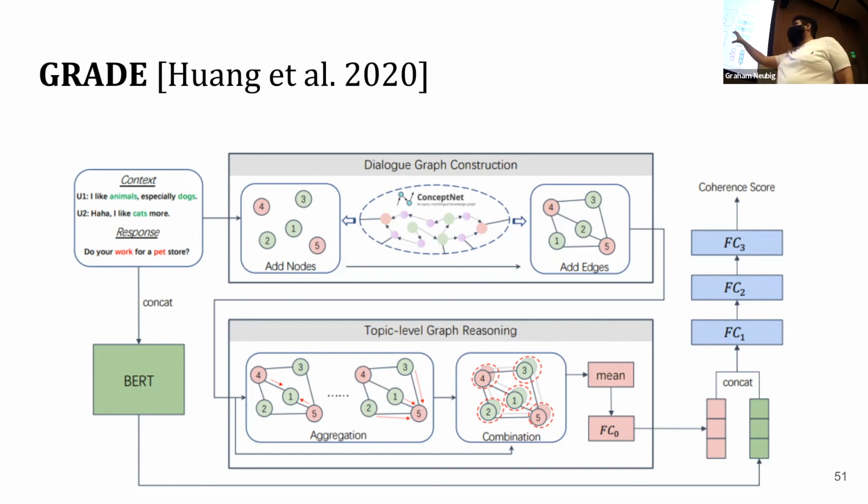Then that graph goes through some network, I think it was a graph attention network. At the end, you get a vector representation from BERT and a vector representation from the graph, concatenate them, pass them through some feed-forward layers, and then you get an overall quality score. Any questions there?